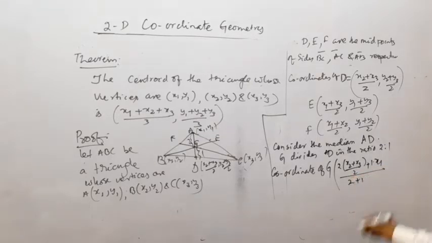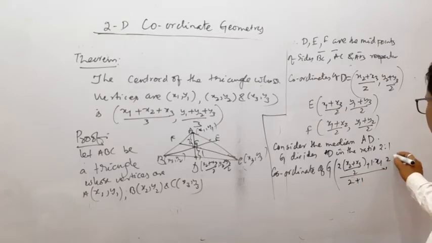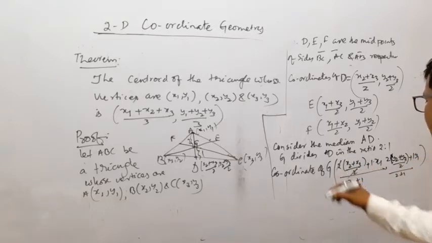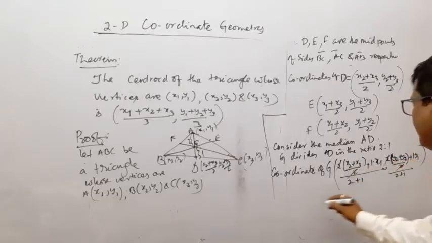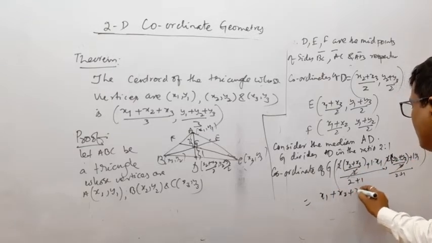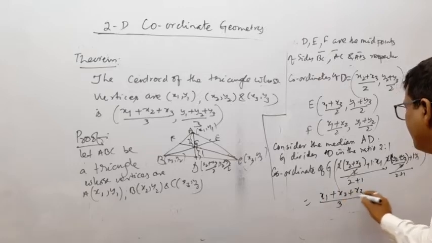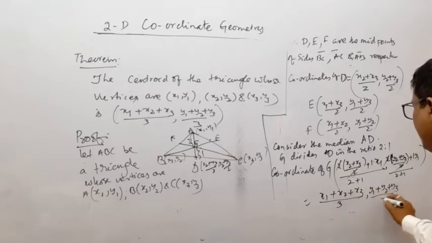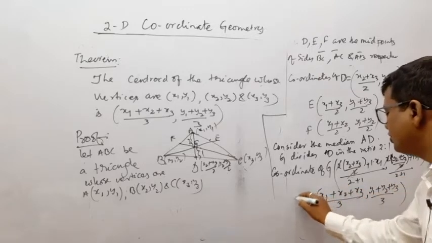Similarly, y is 2 into y2 plus y3 divided by 2 plus 1 into y1, divided by 2 plus 1. The 2 cancels here. Now this is x1 plus x2 plus x3 divided by 3, comma y1 plus y2 plus y3 divided by 3. This is the centroid G.